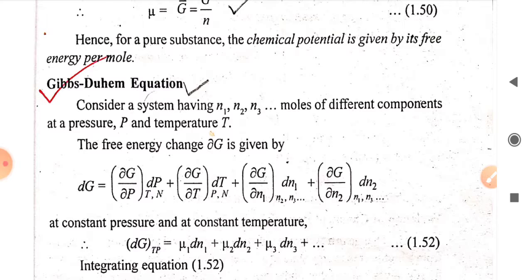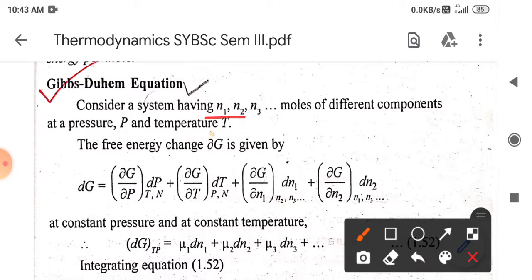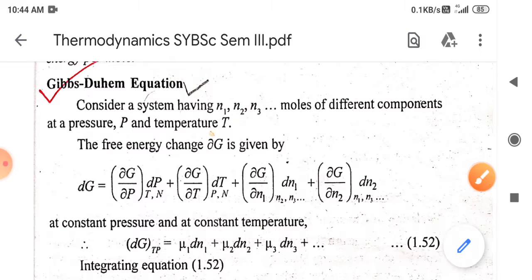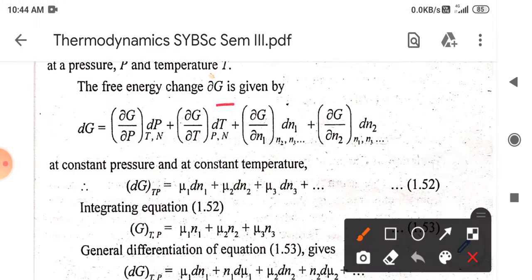Now consider a system having N1, N2, N3 as the number of moles of the different components at a certain pressure P and temperature T. Now the free energy change, dG, is given by what? dG is equal to (dG/dP) at constant temperature and number of moles, plus (dG/dT) at constant pressure and number of moles, then (dG/dN1) at constant temperature, pressure as well as the other numbers of moles.